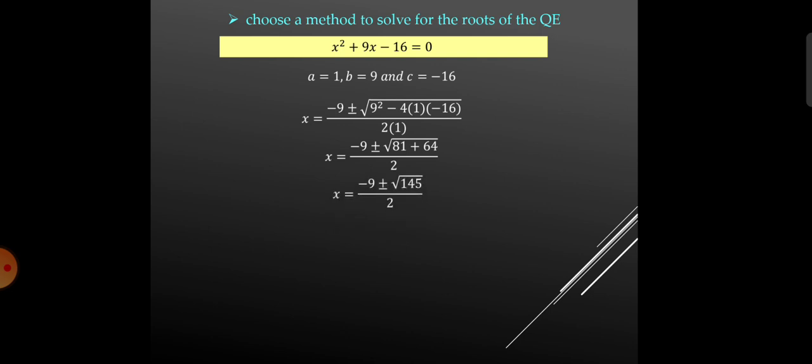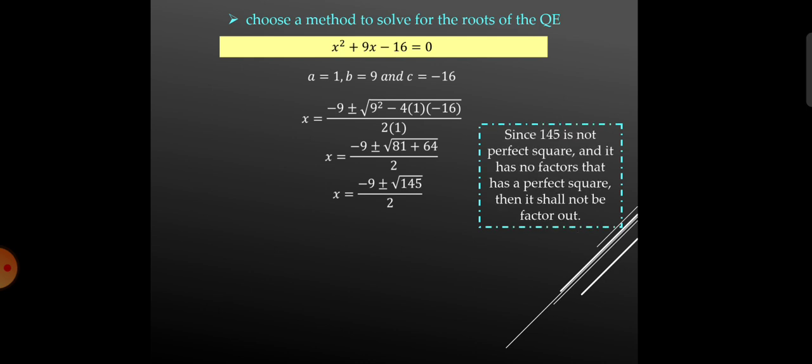Then we will combine the numbers found inside the radical symbol. So that will become x equals negative 9 plus minus square root of 145 over 2, kay 81 plus 64 is 145. Since 145 is not a perfect square and it has no factors that has a perfect square, then it shall not be factored out.